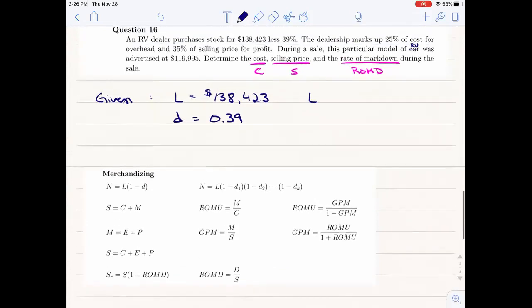So we know that E is 0.25 of the cost, and 35% of the selling price for profit. So we also know that P is 0.35 S.